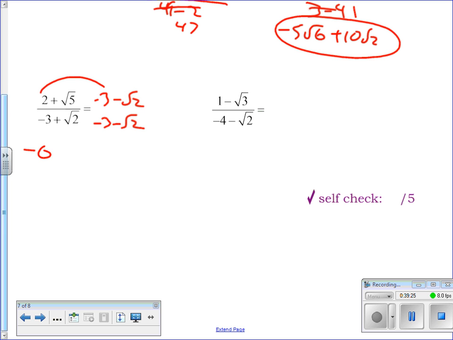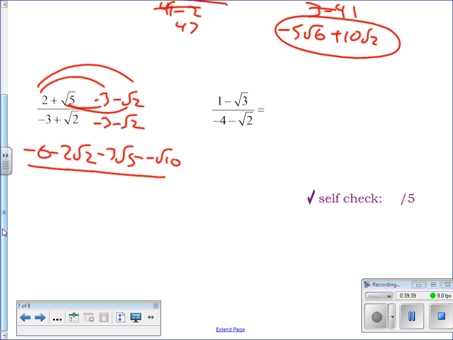I get negative 6, negative 2 root 2, negative 3 root 5, and then negative root 10. And then my denominator, negative 3 squared is positive 9. Root 2 squared is 2. So this becomes 7 in my denominator and nothing in my numerator can be changed.